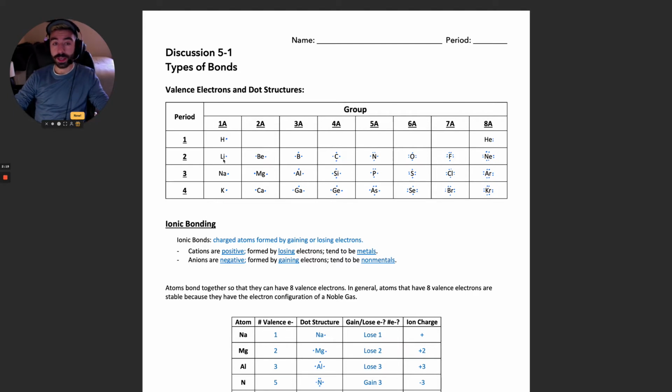And so lithium has 1 valence electron. Hopefully you remember that if it's in group 1A, it has 1 valence electron, because hydrogen is 1s1, lithium is 2s1, sodium is 3s1, and potassium is 4s1. I apologize if I'm a little congested here.